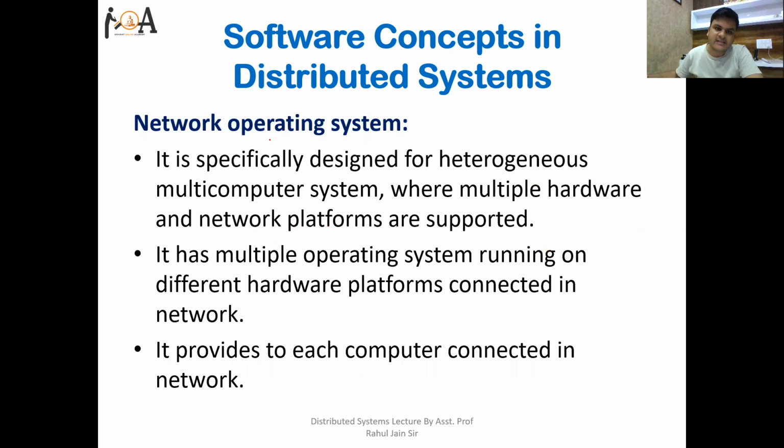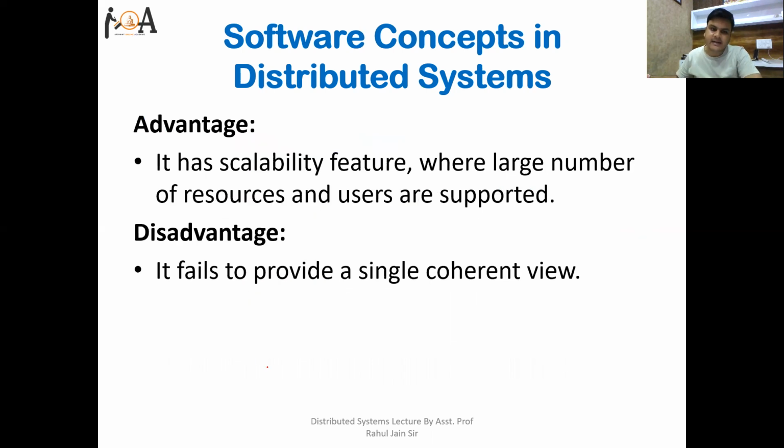And the next topic is the network operating system. A network operating system is specifically designed for heterogeneous multi-computer systems where multiple hardware and network platforms are supported. It has multiple operating systems running on different hardware connected in a network, and provides services to each computer connected in the network.